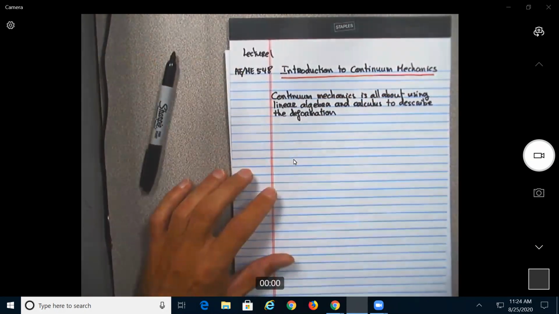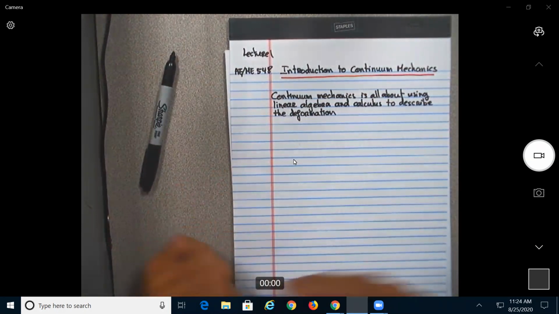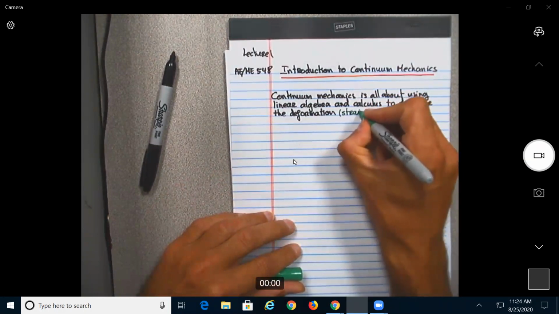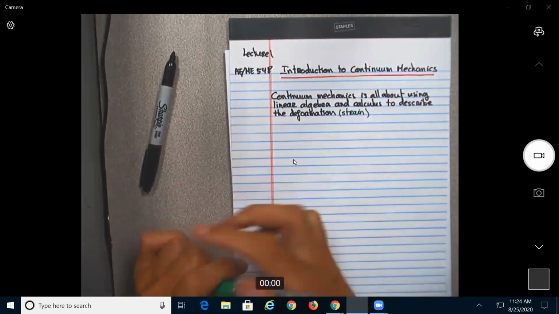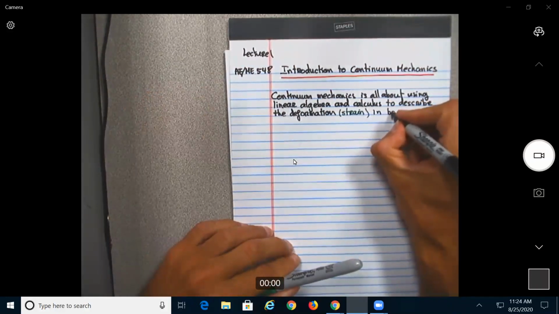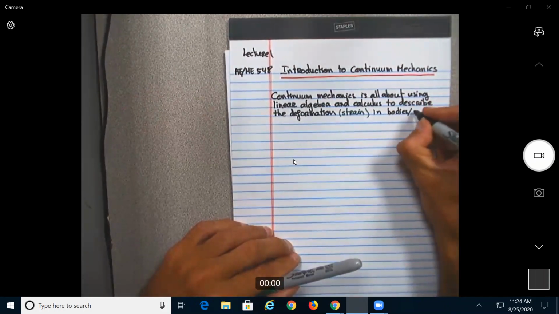And when we say deformation, we need to think about strain, which is related to the deformation, in bodies, so in solid bodies, but also in fluids.